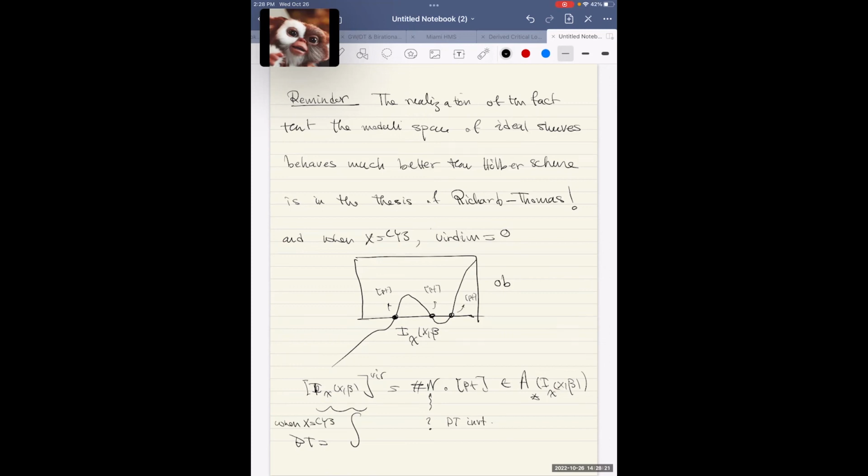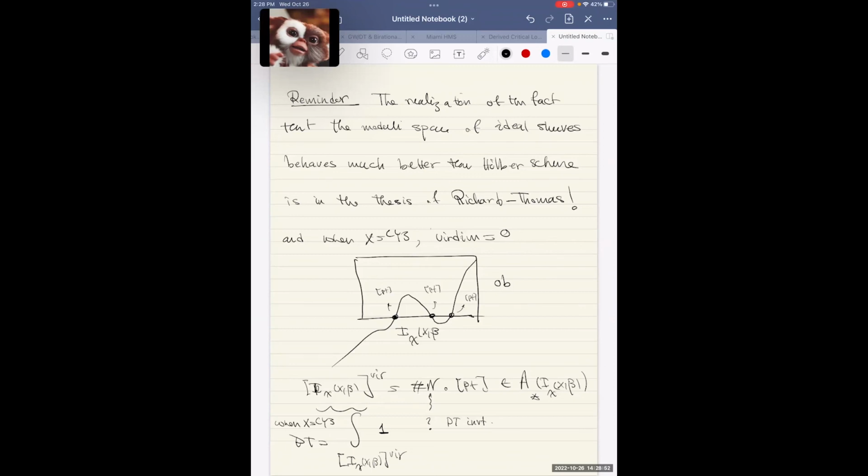The Donaldson-Thomas invariant is this integral over the virtual class of I_chi(X, beta), but because of Calabi-Yau, the expected dimension is 0. The appropriate cohomology class I will be integrating against this cycle is just the codimension 0 cohomology class, which is a constant, a degree 0 cohomology class.